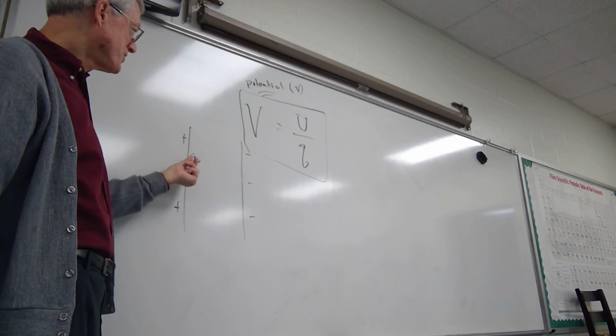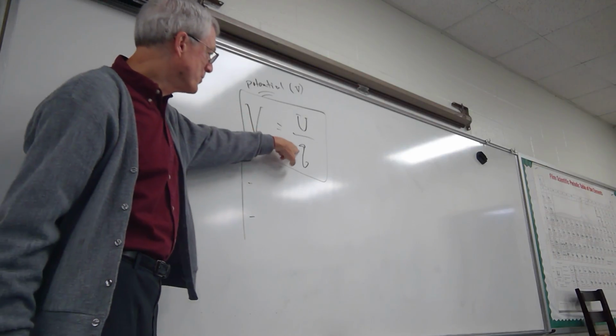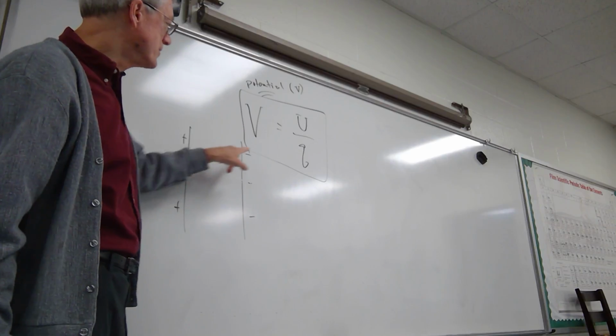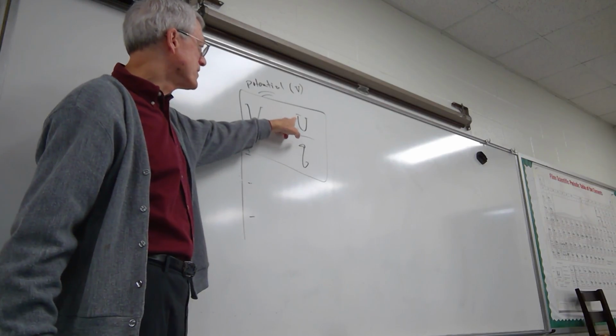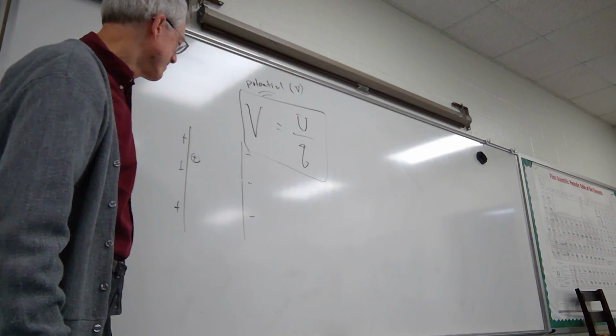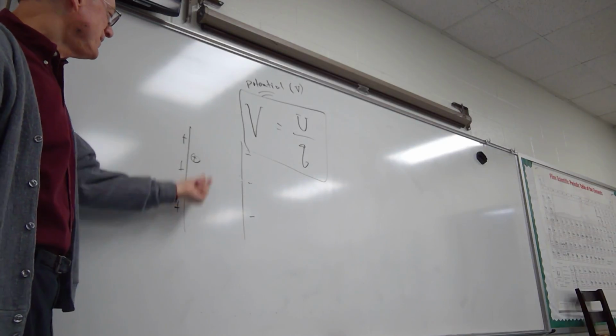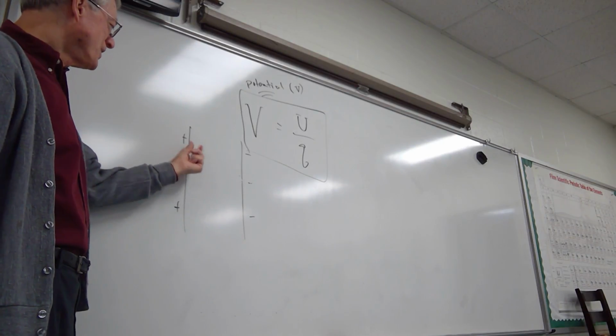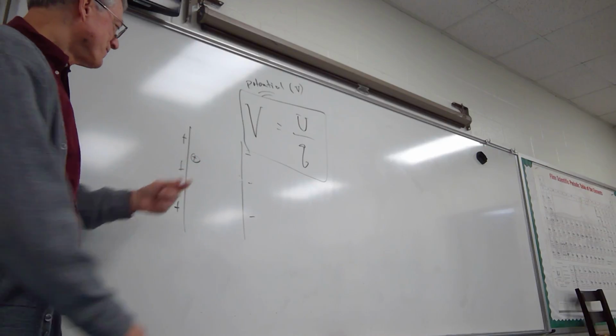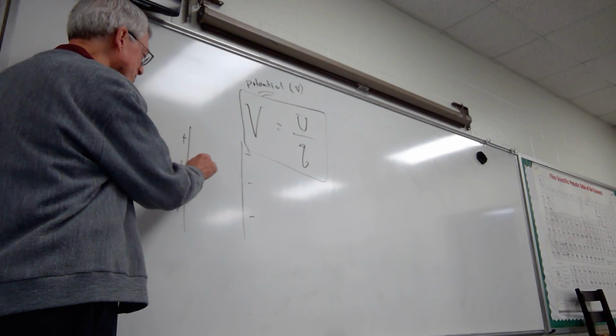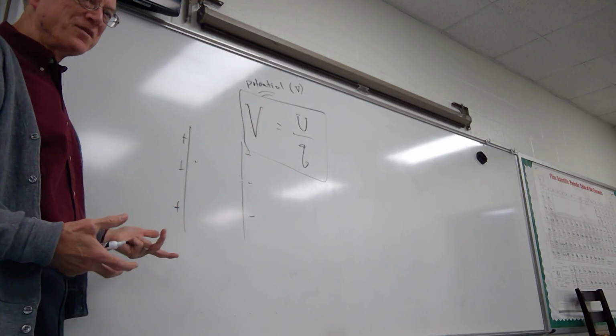It doesn't depend on the test charge, because if you put something that had more charge on it, the Q was greater, it would have more potential energy, and so you would divide and still get the same thing. So V is something that does not depend on what you place there. In fact, if you place nothing there, you just have a point P, it still has a V.